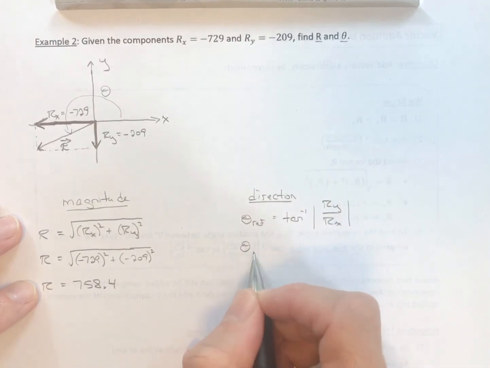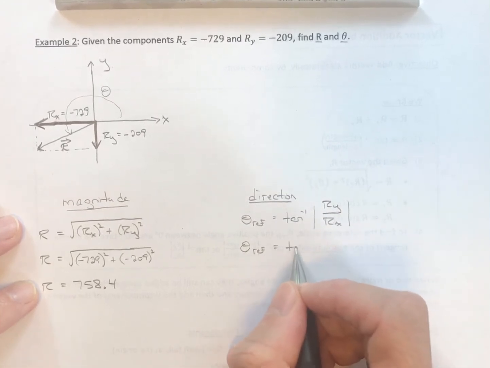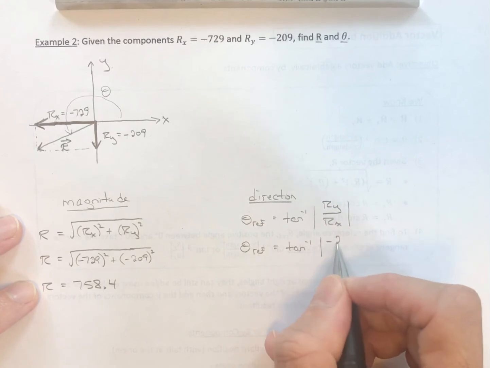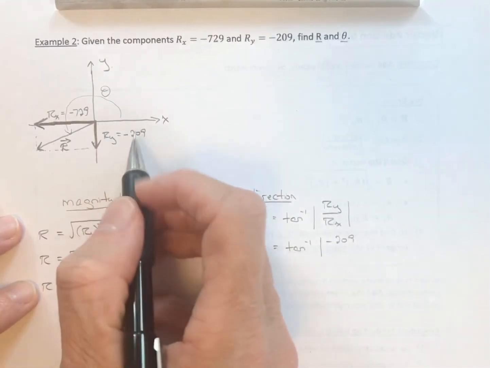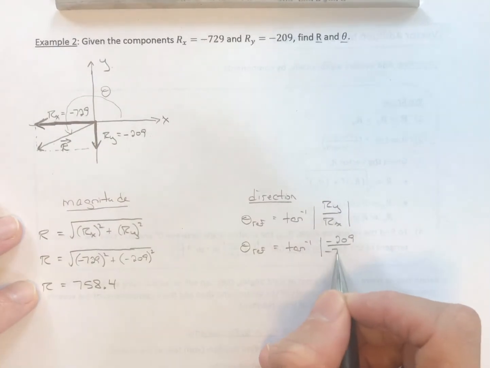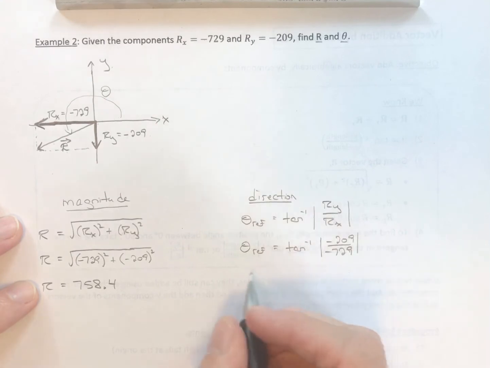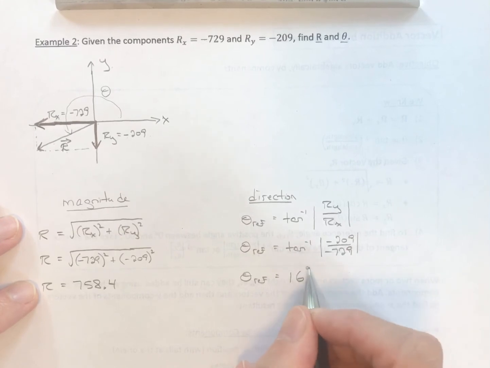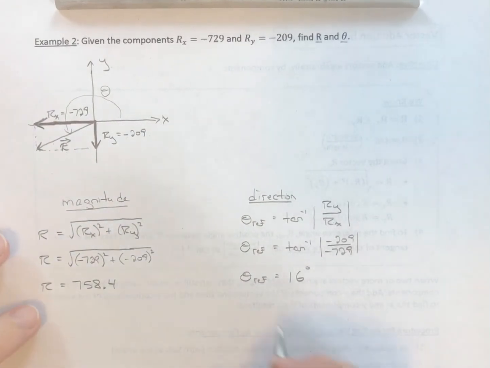Okay, so theta ref is equal to the inverse tangent of negative 209, that's the y length here, over negative 729. Whoops, get my handwriting going here. I can pop that into a calculator. Theta ref comes out to be 16 degrees. The reference angle is 16 degrees.